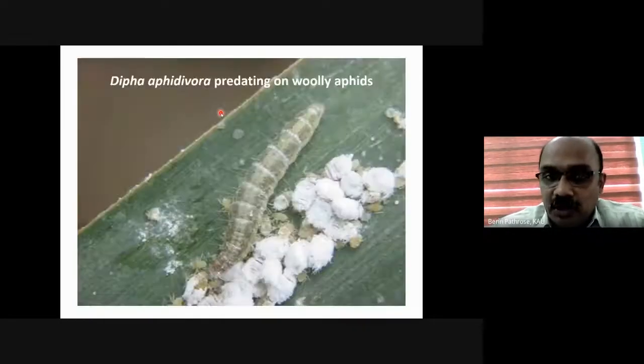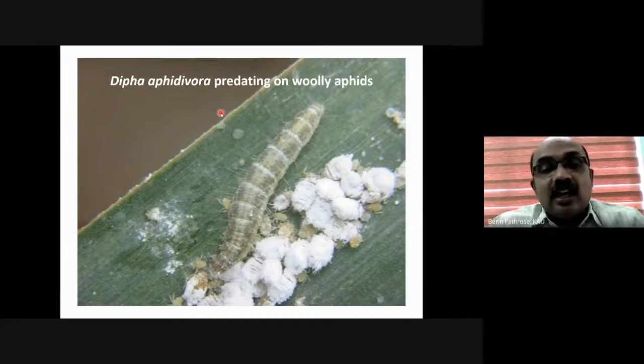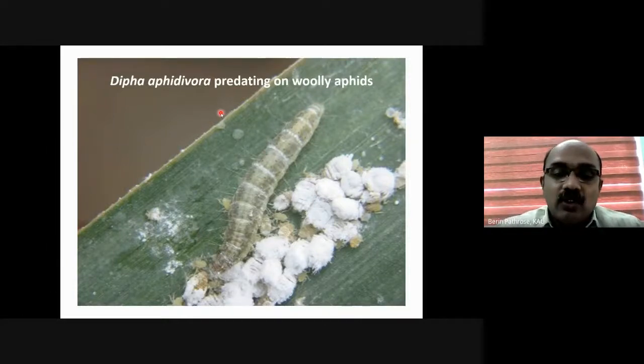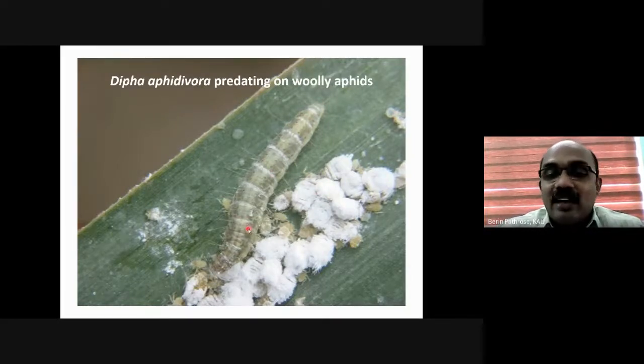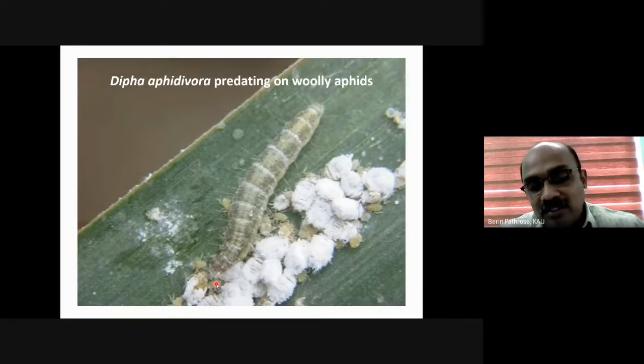So this is sugarcane mule. We can see this larva of Dipha aphidivora feeding on these aphids. Here you can see the aphids are completely covered with white waxy coating, and you can see the Dipha aphidivora larvae feeding voraciously on these aphids.